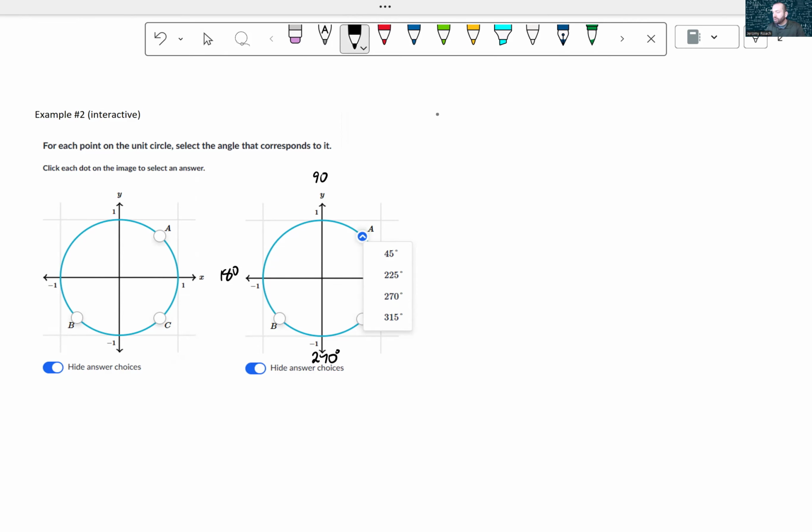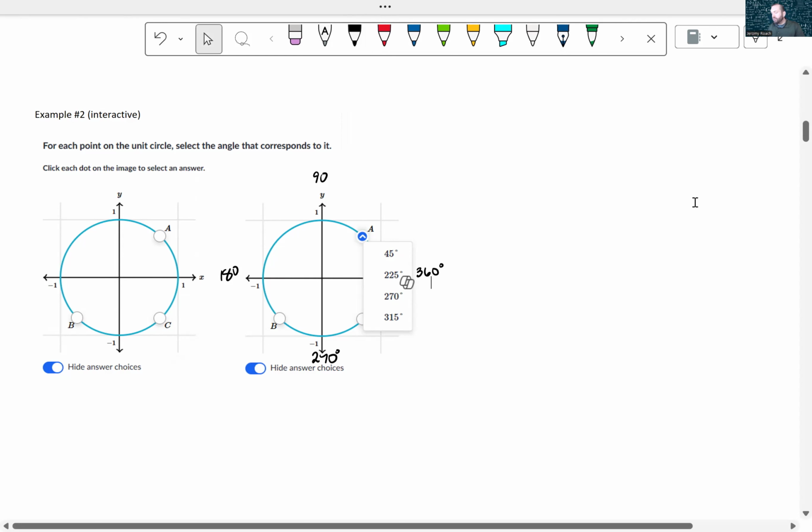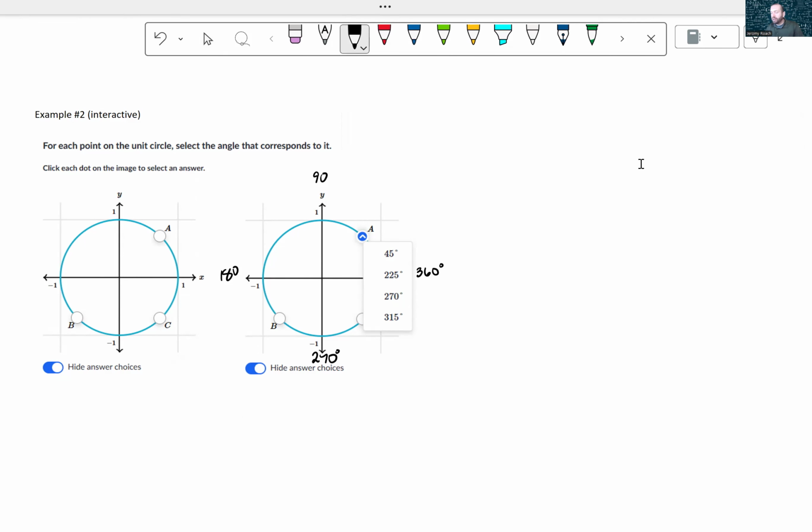And then this would be 0 and also 360 degrees. So now we can see this a little bit easier without having to go back to the unit circle. So 45 degrees is between 0 and 90. So that probably might be A. Let's write that for now, and we can change it if we need to.